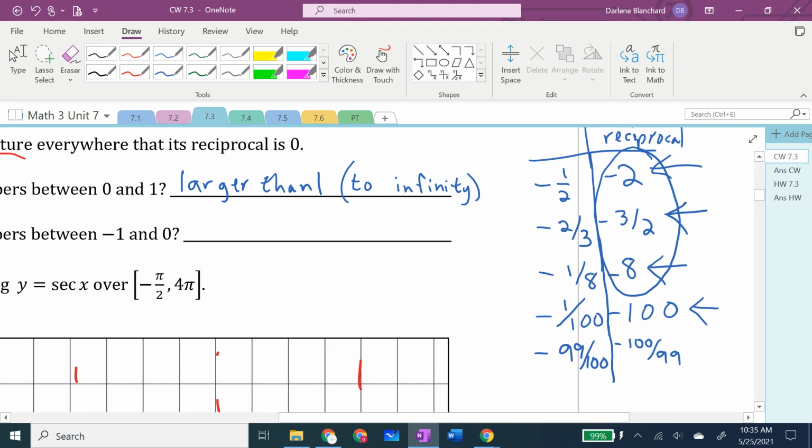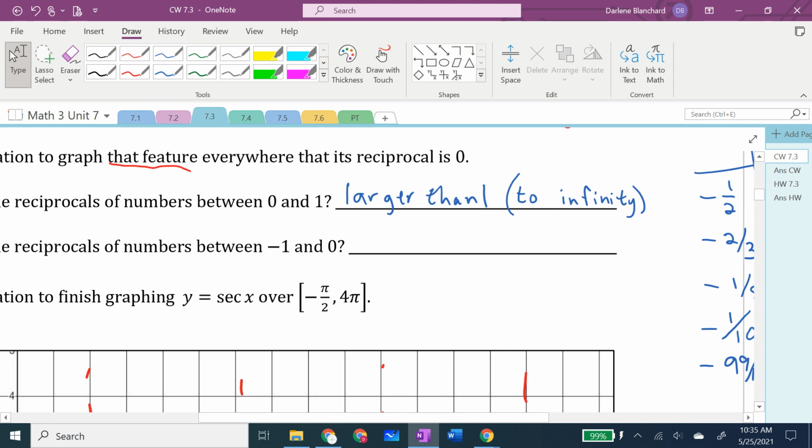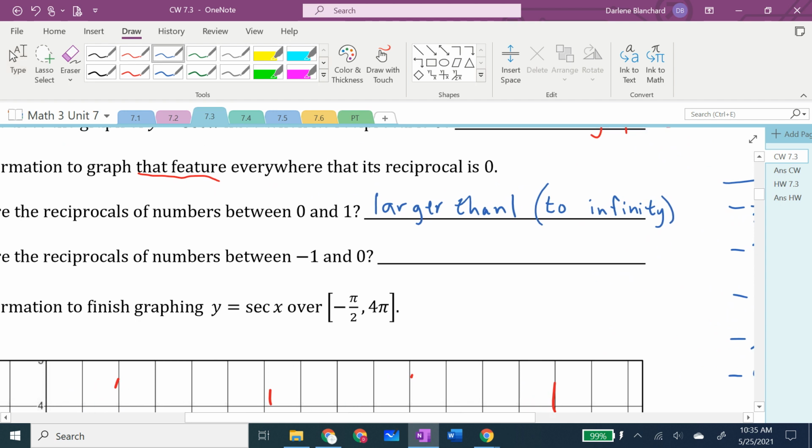Now, if I needed to explain the interval of numbers, larger than 1 means numbers from 1 to infinity. Numbers that are smaller than -1, big negative numbers, are negative infinity to -1.